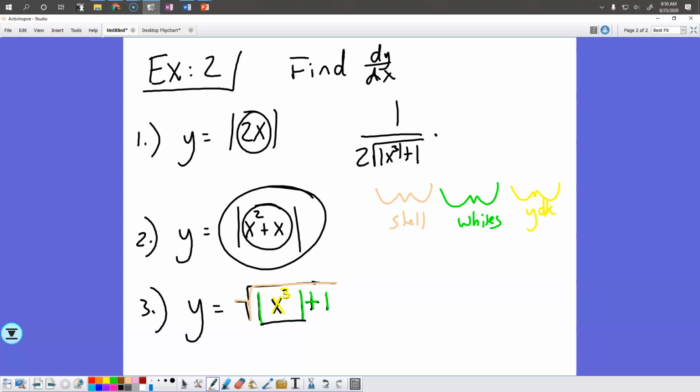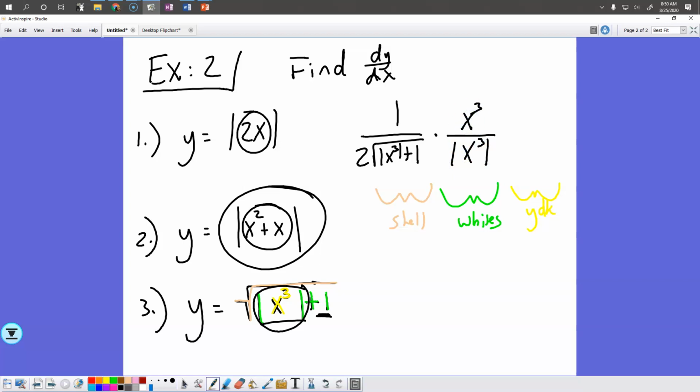Now, the egg whites is this absolute value function plus 1. Now, the plus 1 doesn't matter. We're going to take the derivative of this, and you would usually take the derivative of that also, but it's just a 1, so when you take the derivative, that just goes away. So we don't care about the 1. But the derivative of that absolute value of x cubed, well, how do you find the derivative of an absolute value function? You put the absolute value part on the bottom, and you rewrite it on the top without the absolute value.